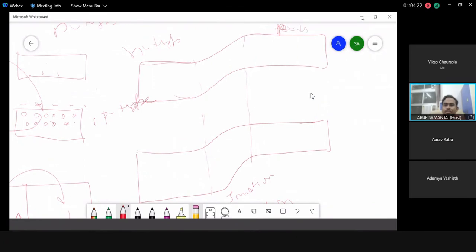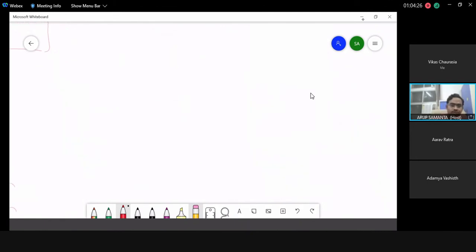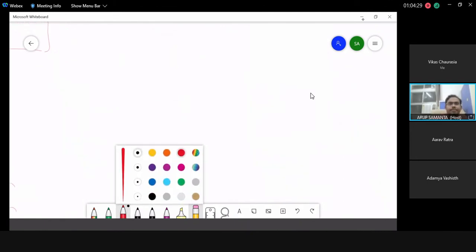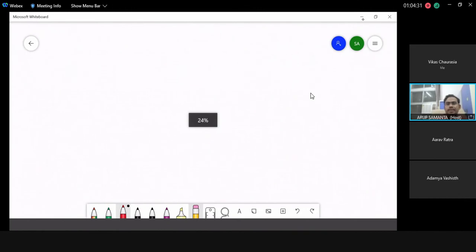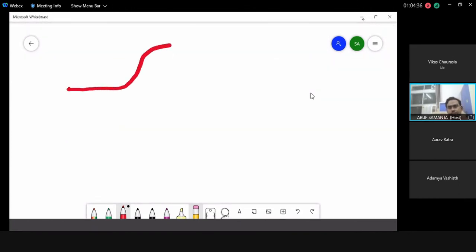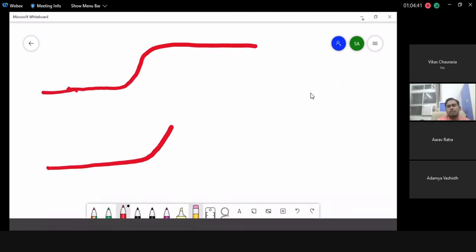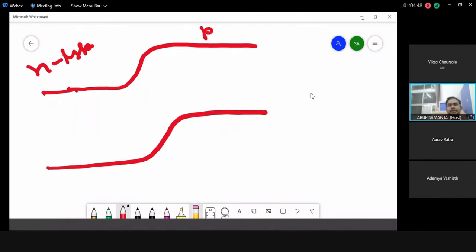Now I want to remove the band part and draw it bigger. Just consider the energy level is something like this. This is your device in equilibrium. This is N-type and this is P-type. This is under equilibrium, and it will remain something like this.